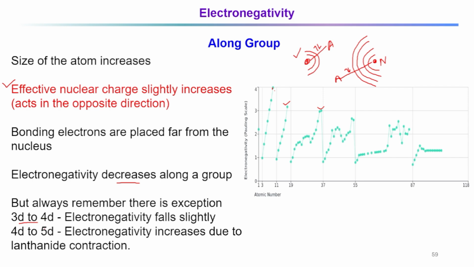The f electrons and d electrons have lesser shielding power, so the nucleus attracts the valence electrons more, and because of that the size also contracts. As the size becomes small, the nucleus of the atom is closer to the bonded electrons, and that's why it can pull the bonding electrons towards itself, and because of that the electronegativity will be higher.